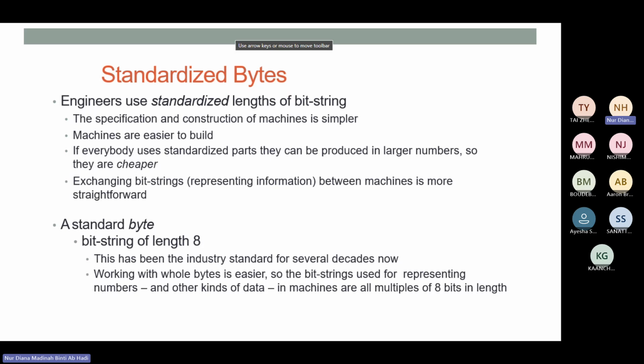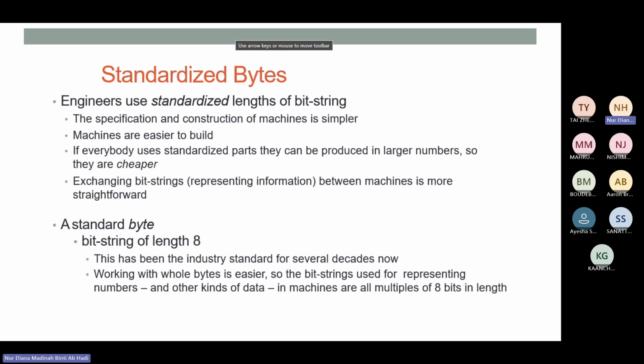The engineers used a standardized length of bit string, so the machine will be easier for you to build. The specification and construction of your machine will be simpler. Everyone uses the standardized part, they can produce in large numbers, so everything will be cheaper. Exchanging will be much more straightforward.